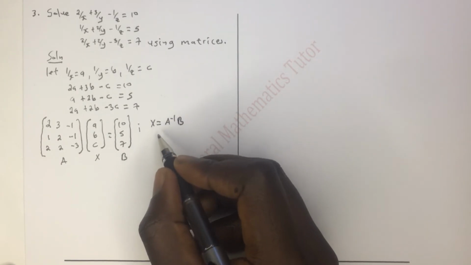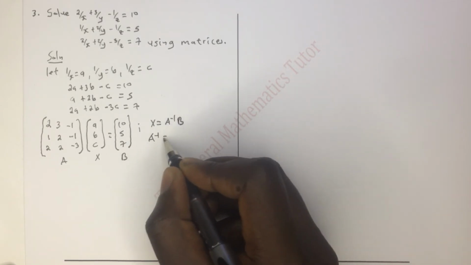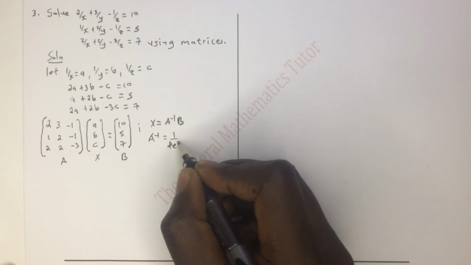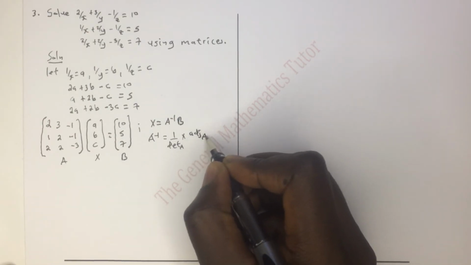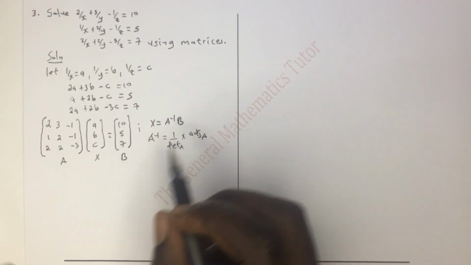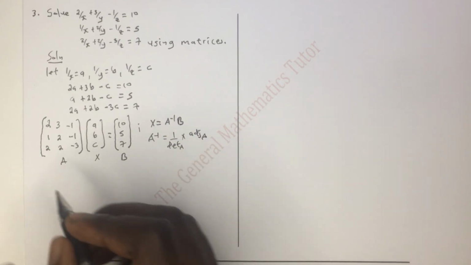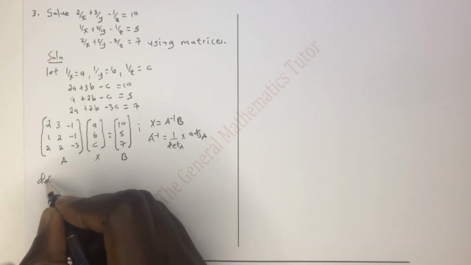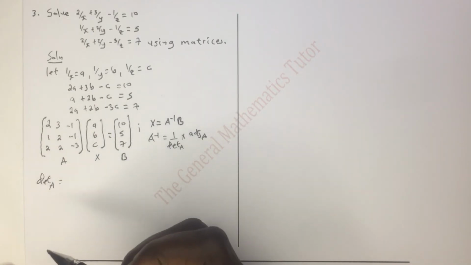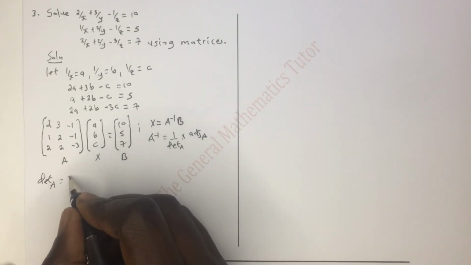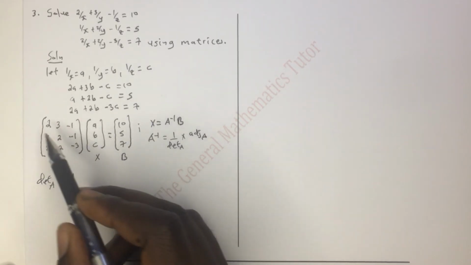And for us to obtain the inverse of A, we need 1 over the determinant of A, then you multiply that by the adjoint of A. So therefore, let us look for the determinant of A. We use the elements in the first row. So we're going to take 2, then cover its row and column.